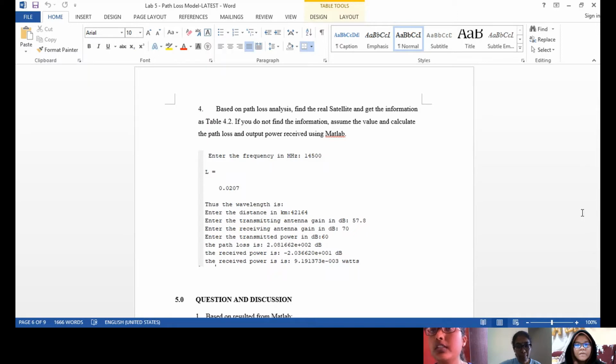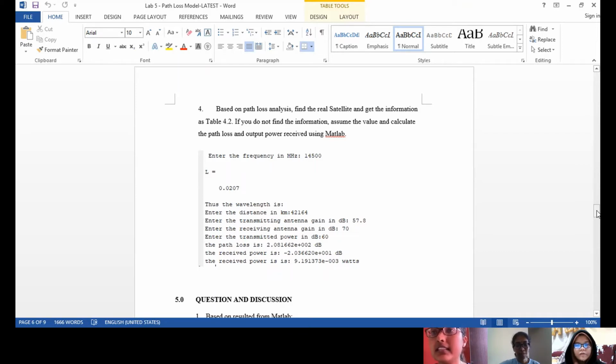For number 4, we use the MEASAT satellite information to find the path loss and the output power. The frequency is 14500 and the distance is 42,164 kilometers.